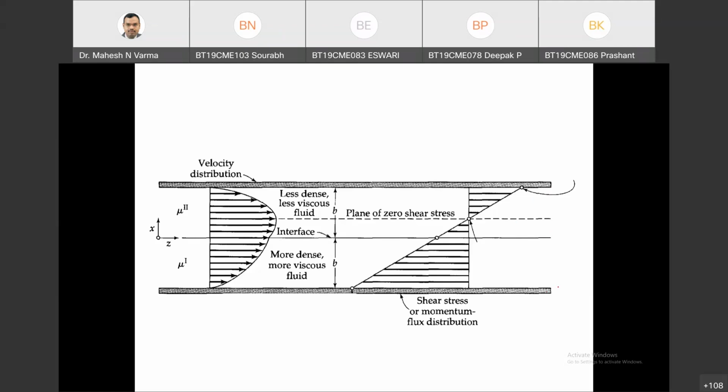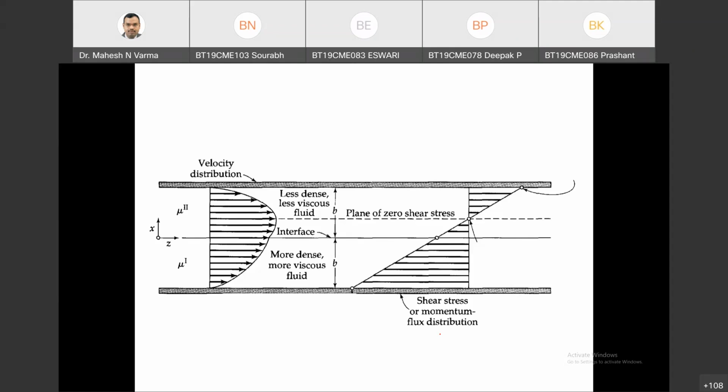There are 12 options of origin, and you can solve the problem using any origin. The only thing is you will get a different model equation, a different profile equation, that's all. Otherwise the absolute value will remain the same. The interface will be at the center, but if you take the origin here, we'll discuss that afterward.